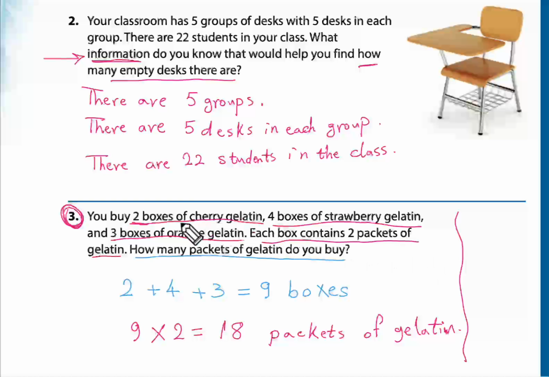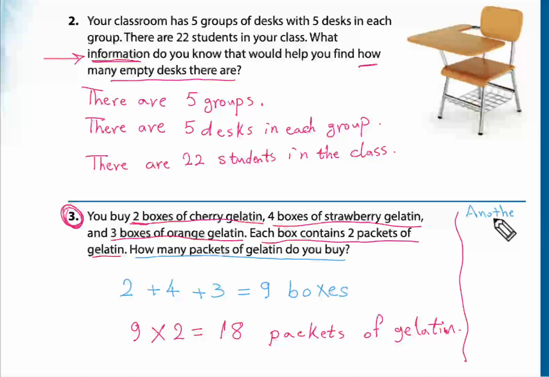So you find how many packets of cherry gelatin, how many packets of strawberry gelatin, how many packets of orange gelatin. You can do this by multiplying 2 times 2, 4 times 2, 3 times 2. Then you can add all packets that you have. So you can do this in another way.